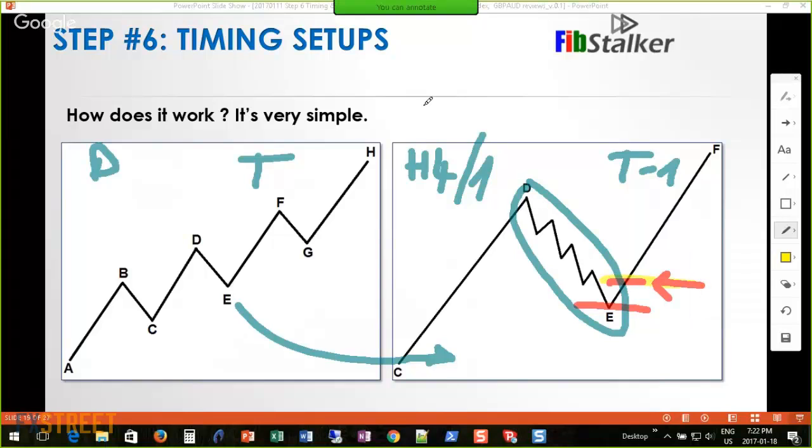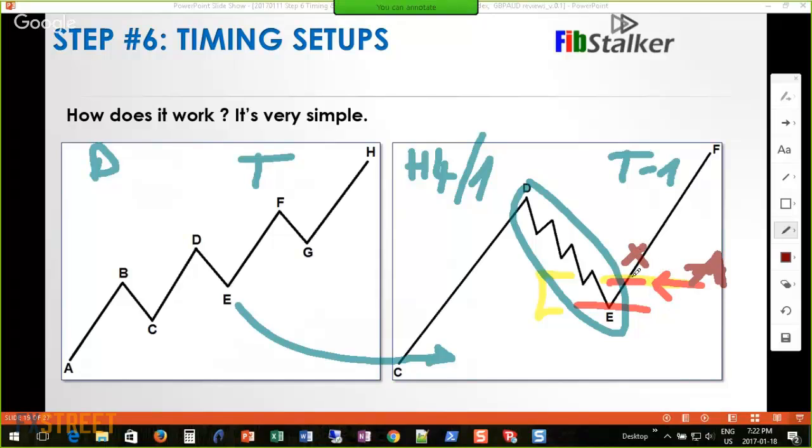So that's the way, at least the way I look at the market, and the reason why it is important is because it allows the reduction of the pip risk here, at point A, above point A, or point X here.